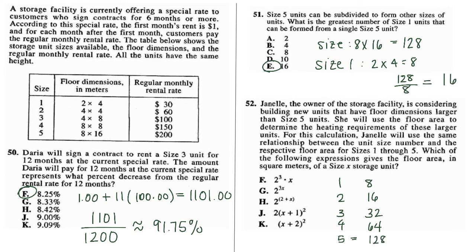All right, so I'll put equals there. So, first thing I would notice about the square, or the area, based on our answer choices, that is 2 to the 3rd.